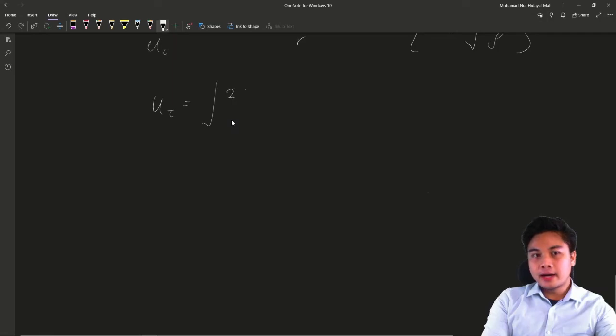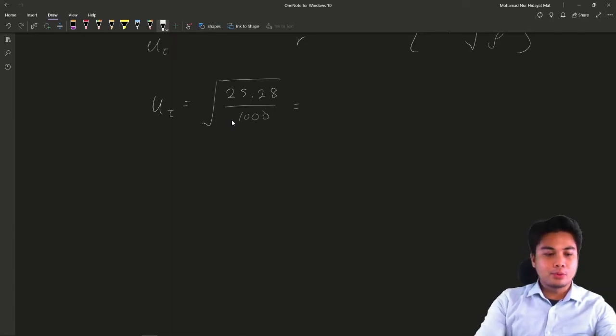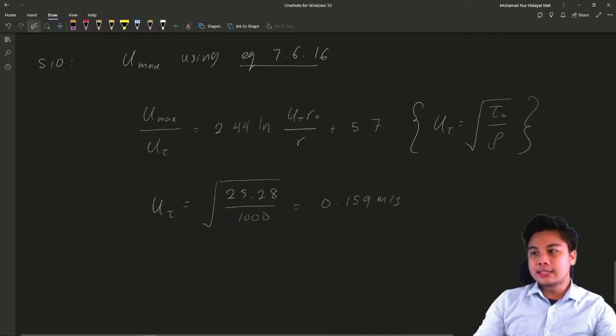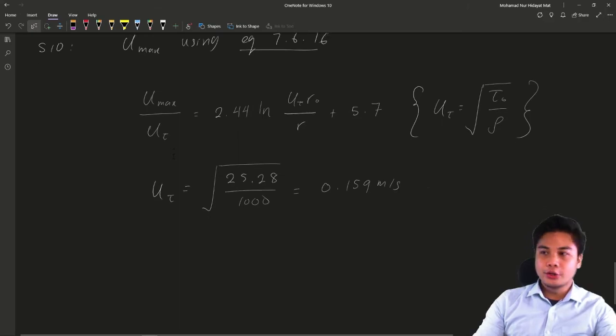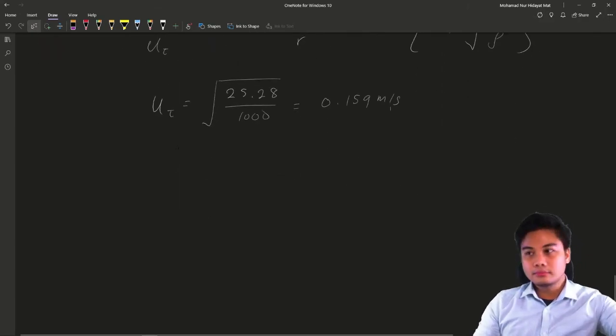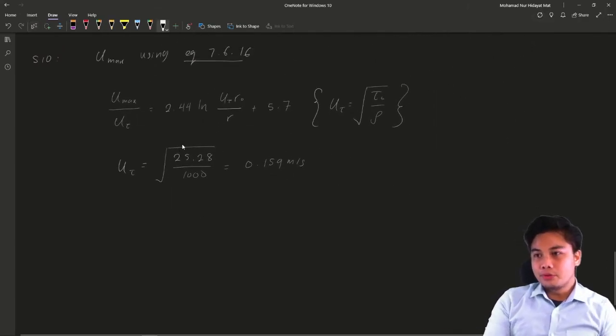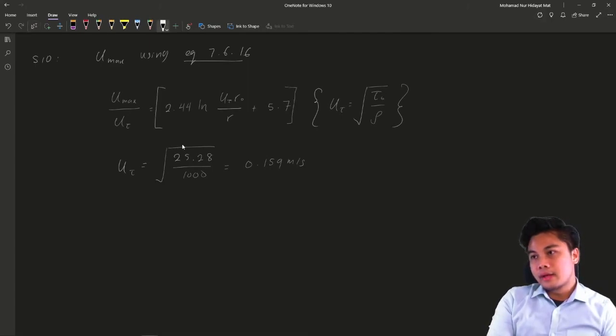So 25.28 over 1000, square root both sides, we will get 0.159 meter per second. From U tau, substitute in this equation, put the bracket, and then move U tau to the other side, multiply, and you will find U max.